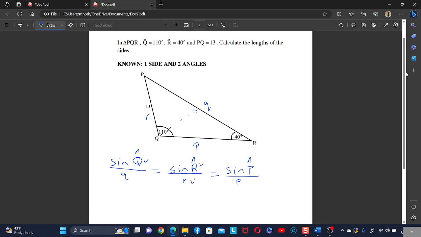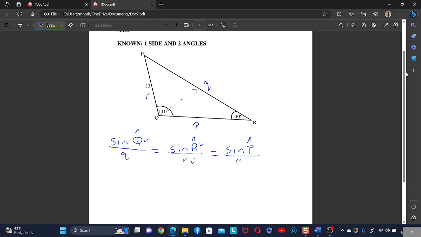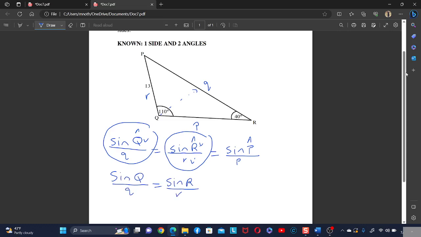So it means that we can work with these two, because in these two we only have one unknown, which is side Q. So we are given sine Q all over Q is equal to sine R all over R.